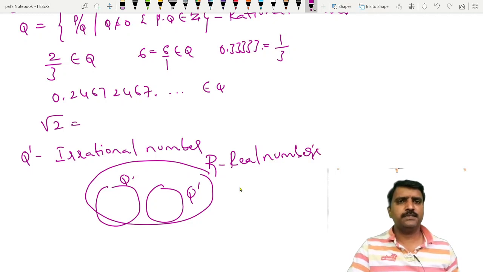Many people have studied groups, and the higher version, rings, but their problem is that they don't know what a real number is. That is the problem here. For that reason I am just revising the number system. All rational and irrational numbers are called real numbers.